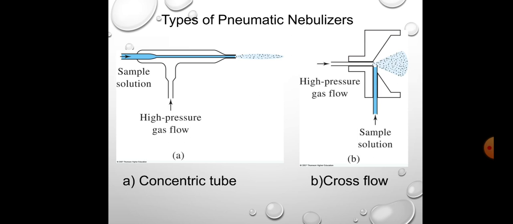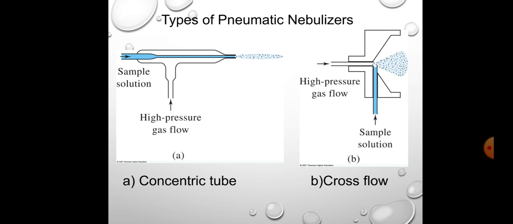In the concentric tube nebulizer we have two tubes that are parallel, and one tube is inside another tube, and at the tip we have a very narrow hole. From this hole the sample will be pushed out and will be converted to very tiny droplets.